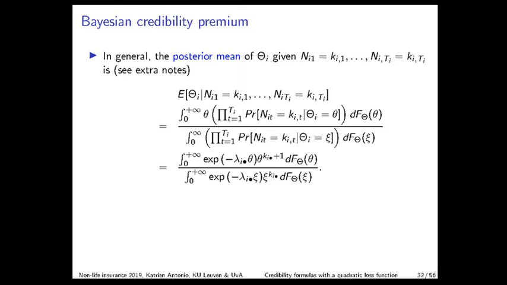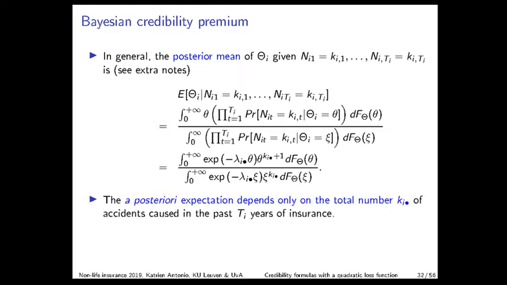Important to notice here is the fact that the posterior mean only depends on the total number of claims reported by policyholder i, denoted here with K_i bullet. This is the total number of claims reported by policyholder i over the past t_i years of insurance.